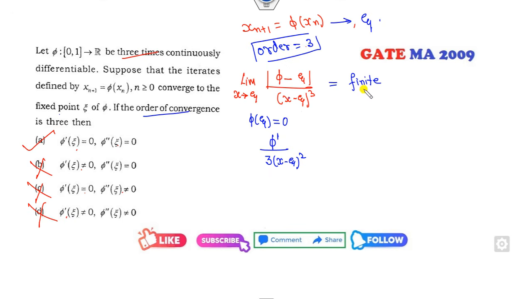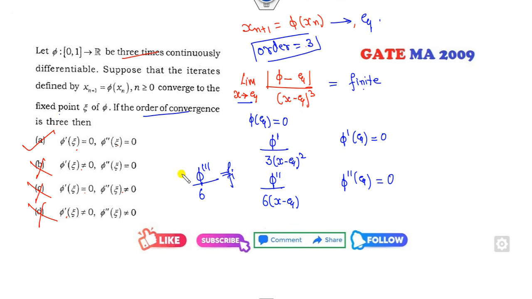Again we need a finite number, so phi dash of xi must be 0, then only it is a 0 by 0 form. Phi double dash, again it is finite only when phi double dash of xi is 0, and if you take the third derivative, it is phi triple dash over 6, and clearly it is a finite number provided this is non-zero. So that's why this is the right answer.